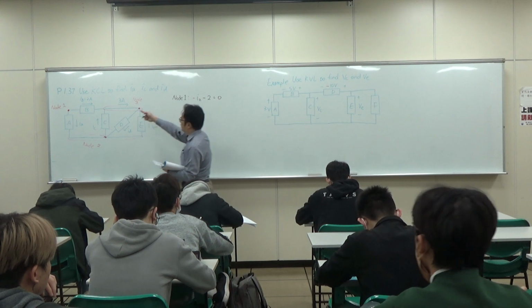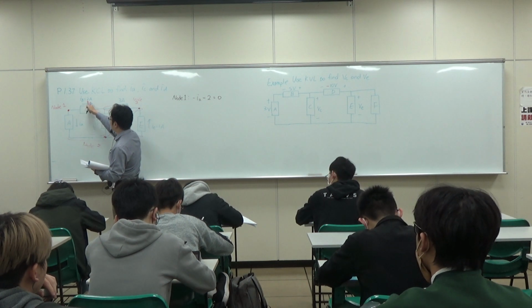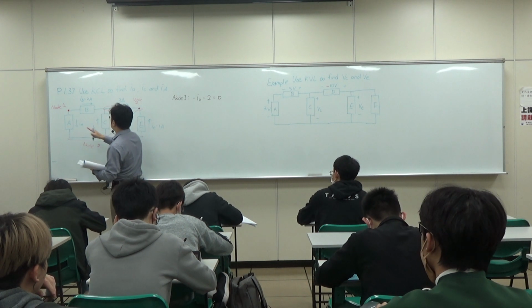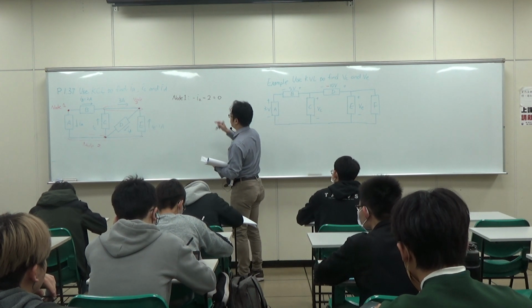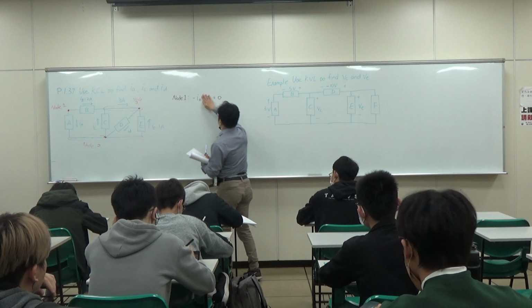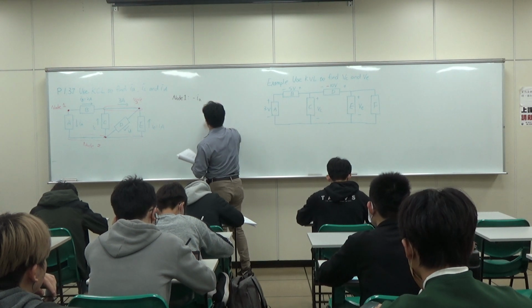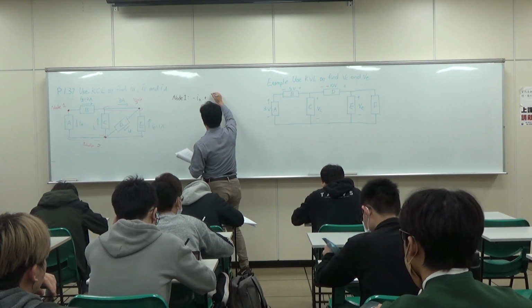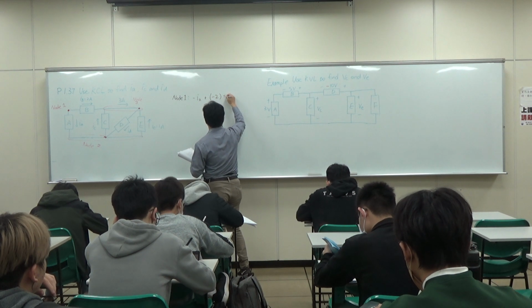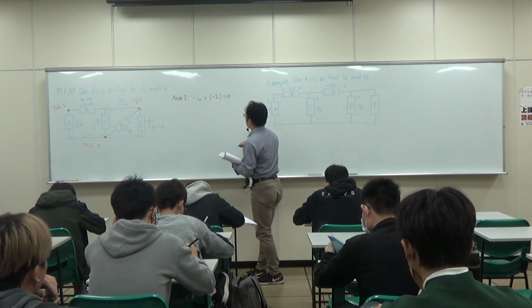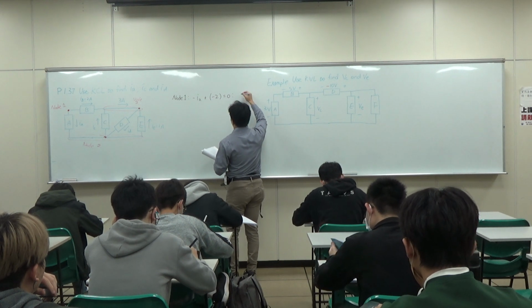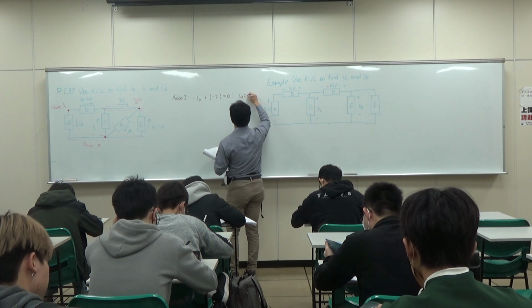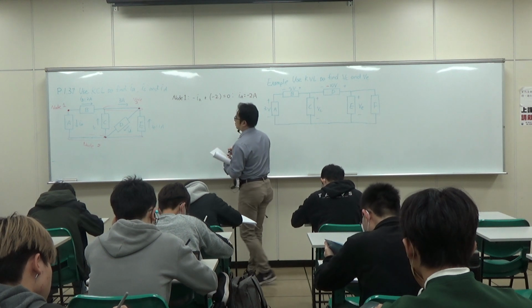They are both leaving this node, so it's minus IA plus minus 2 equals 0. And so we can know IA. So IA is minus 2A.